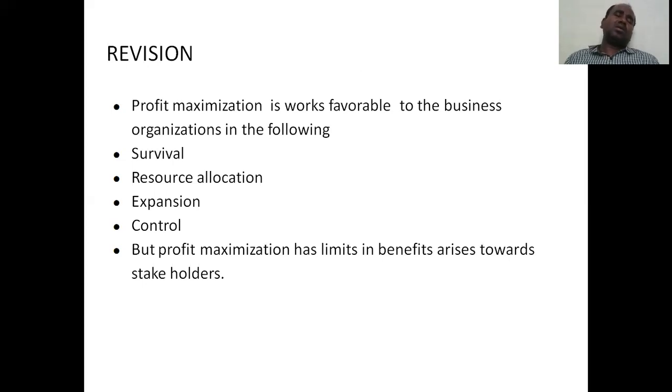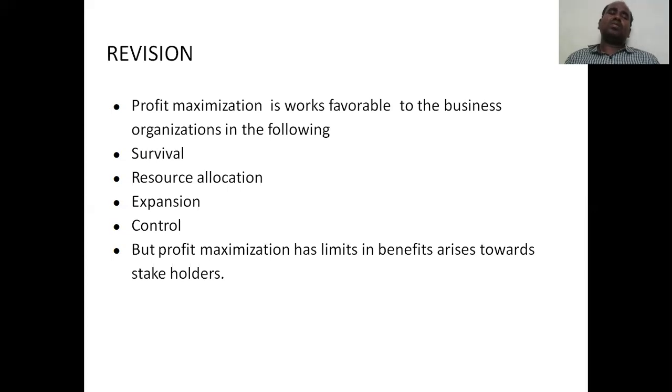After discussing all these arguments in favor of profit maximization of a business organization, we come to know that profit maximization has many favorable things towards the organization or business company. It may be survival; that means for survival, profit maximization is required.